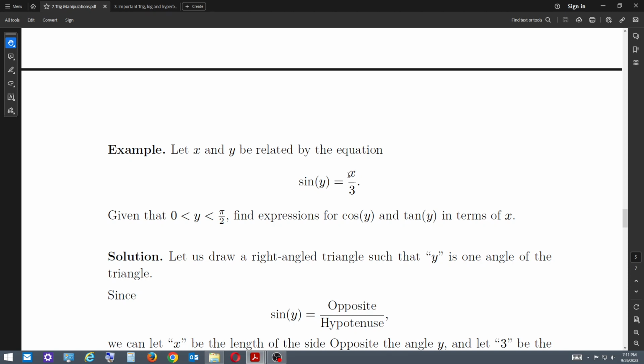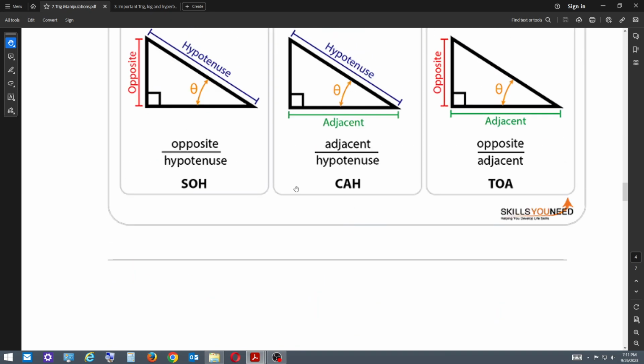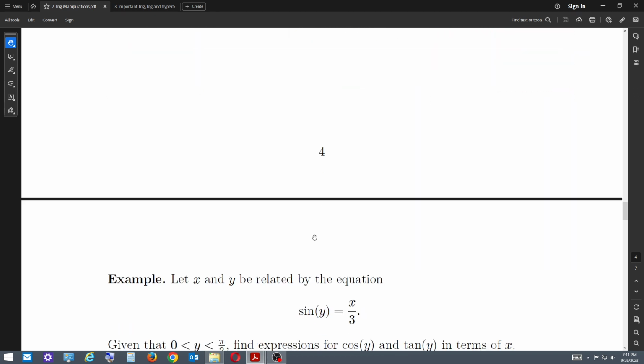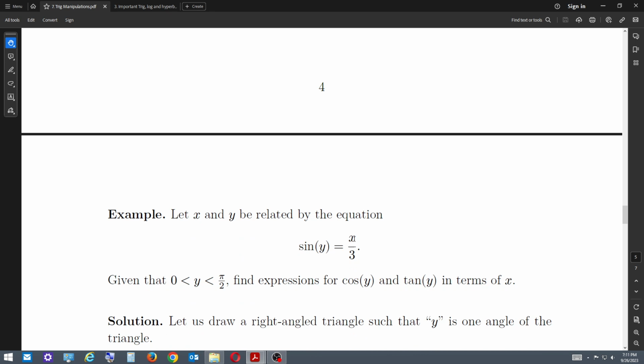So what I can do is create a triangle. Now there are infinitely many triangles that would satisfy this. I just need to find a triangle where, when I divide the opposite side by the hypotenuse, I get x over 3. The easiest thing I can do is to let the opposite side be x and then the hypotenuse be 3. Because if the opposite is x and the hypotenuse is 3, when I divide them, I will get x over 3, which is what I want.